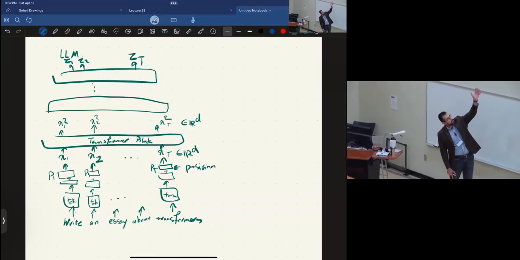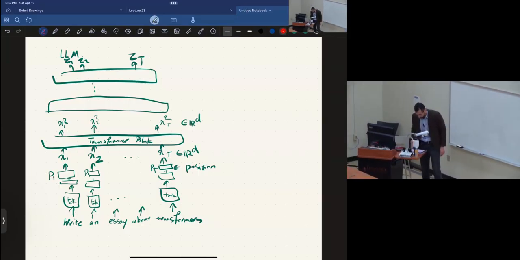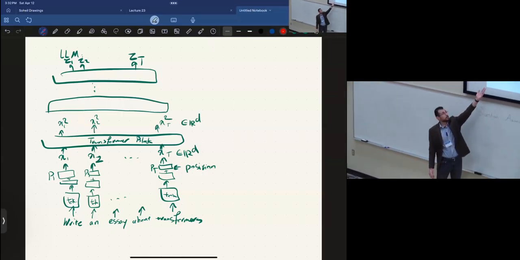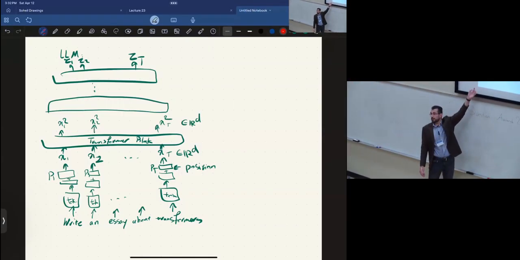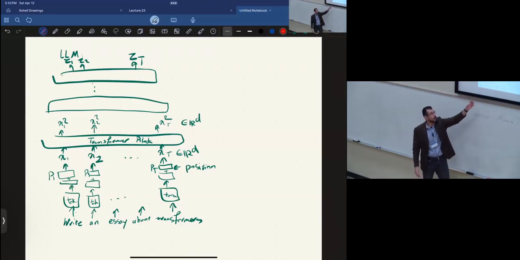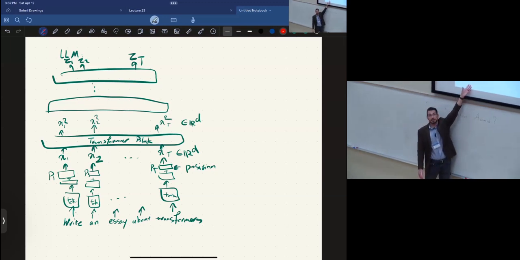So what is Z1 in this example that I'm writing? Z1 is going to tell me something about writing. It corresponds to the word write. But it also has all the context of this sentence because I have been using all this message passing between these vectors. So it knows that it needs to write. Z1 encodes information about writing.